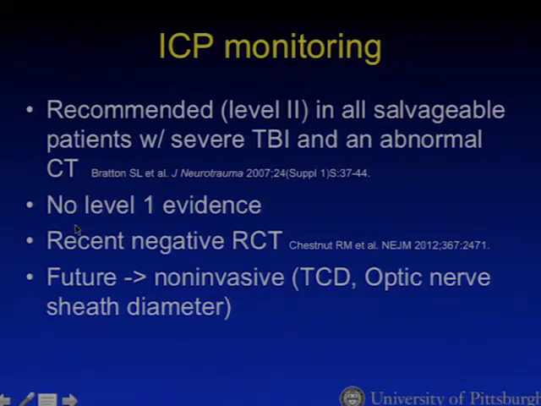But similar to the pulmonary artery catheter, there's no level 1 evidence, and there are negative studies or studies that show no benefit. Non-invasive methods are certainly being investigated. Transcranial Doppler shows some promise, as does optic nerve sheath diameter, but those methods don't replace the two standards that we discussed yet.